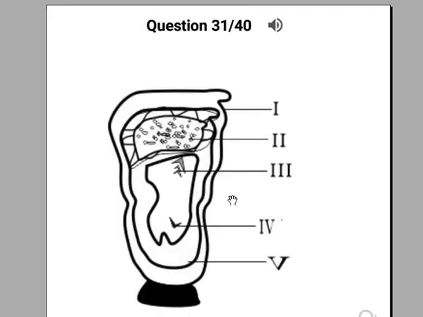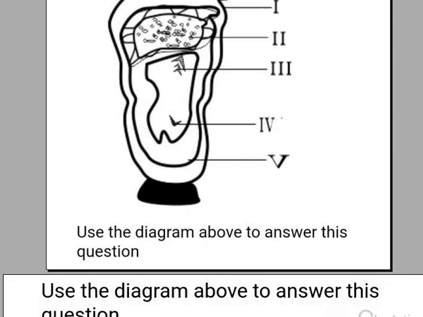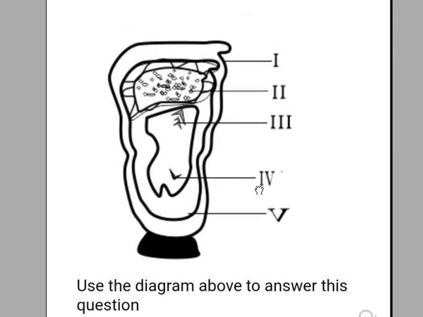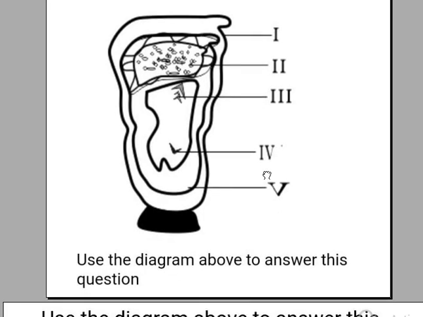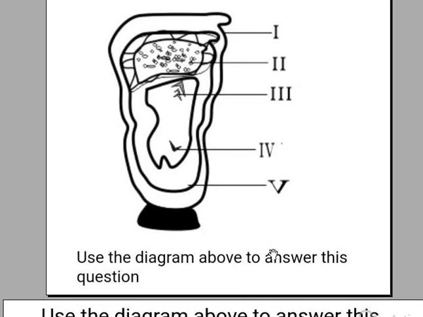So we have to study this diagram, which has levels from 1 to 5. The question says to use the diagram above to answer the questions below.